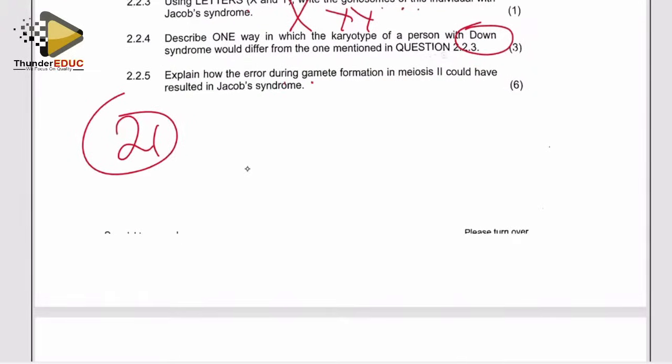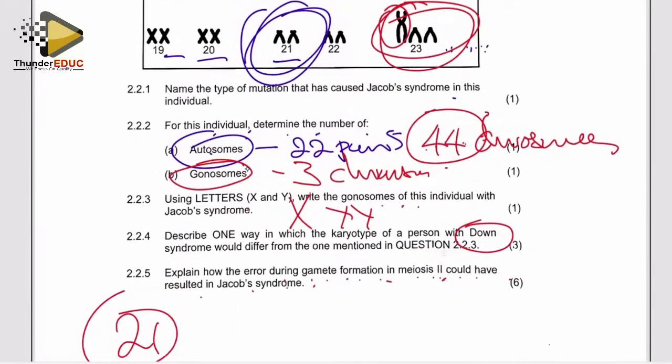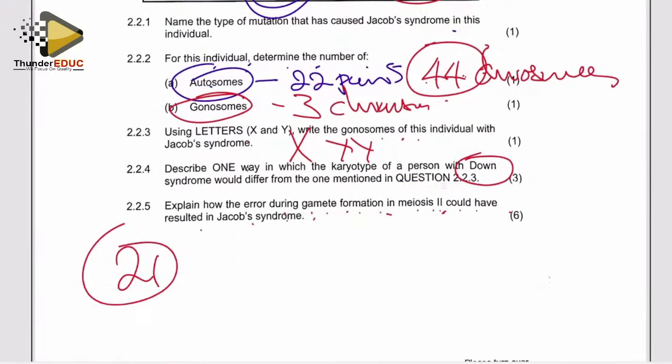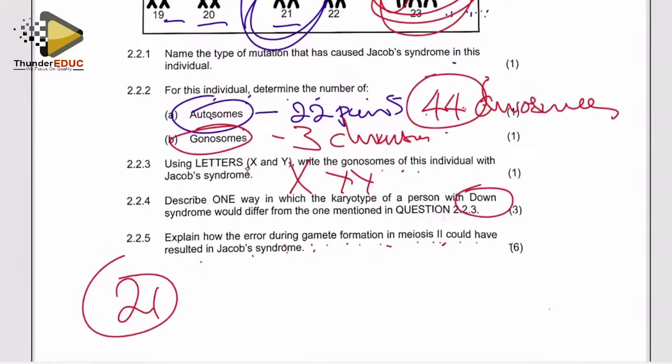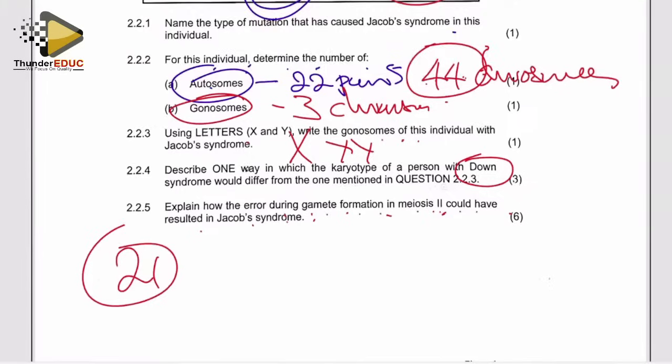Explain how an error during gamete formation in meiosis 2 could result in Jacob's syndrome. Then it means that if you look at this, what happened is this could be for a female or it could be for a male. But what happens?